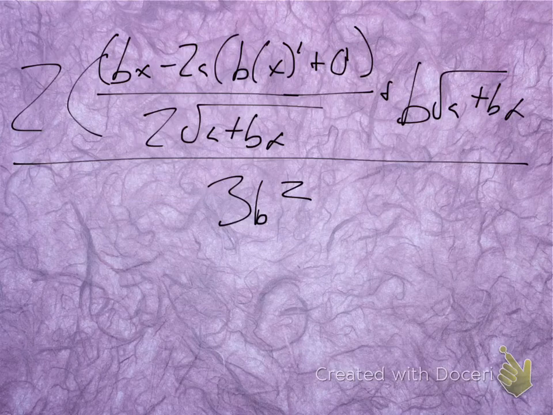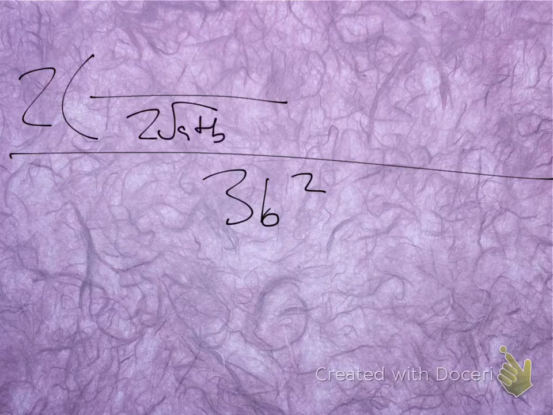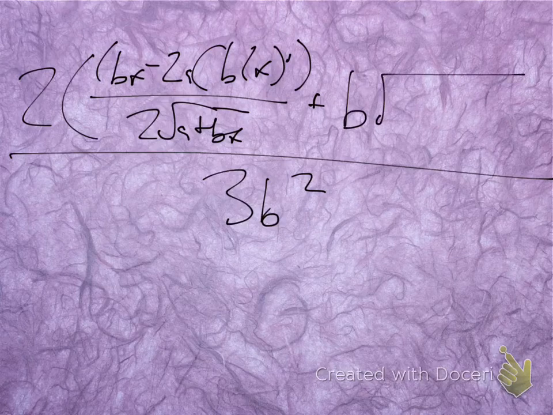Okay, so now that we've got that as our 0, let's just rewrite everything without that 0. So 3b squared on the bottom, 2 times, and this is 2 rad a plus bx, I believe, and then bx minus 2a times b times x prime, plus b times rad a plus bx.